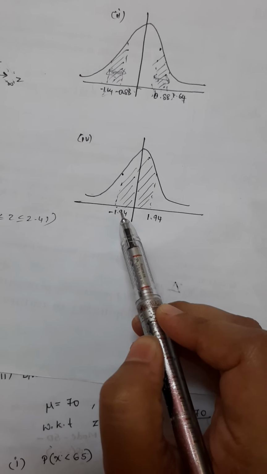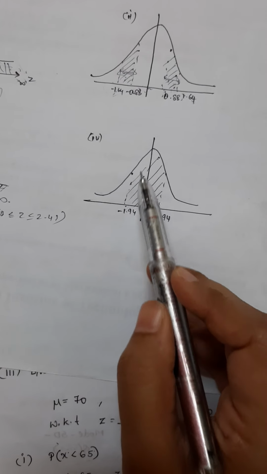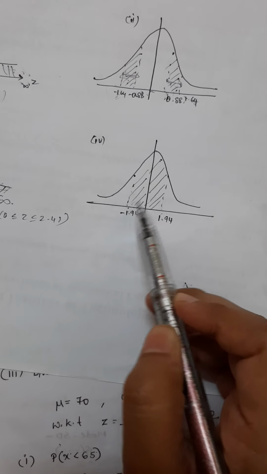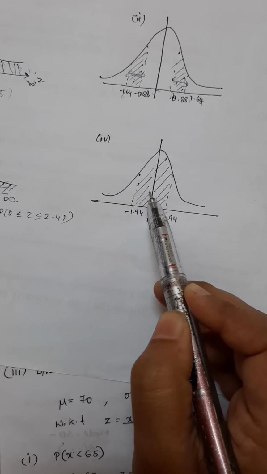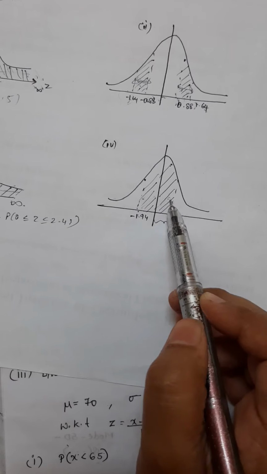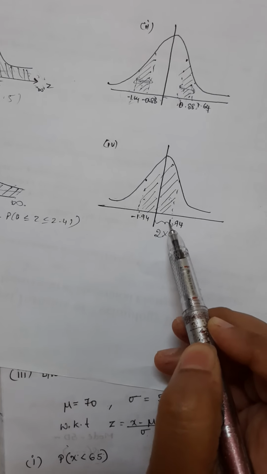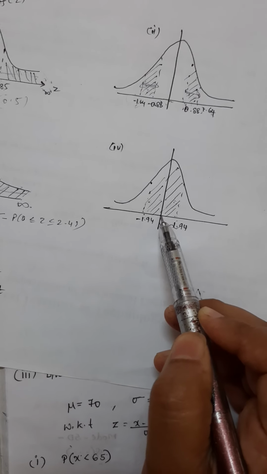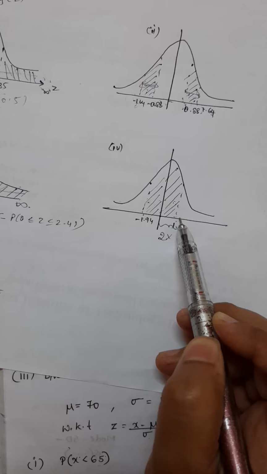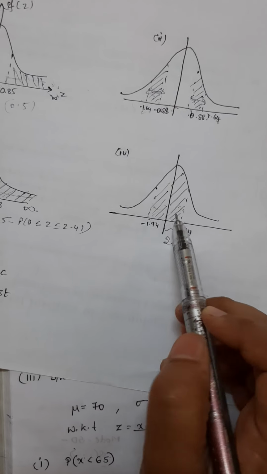Between minus 1.94 to plus 1.94, I should calculate this area. Instead of the negative region, I'll calculate from 0 to 1.94, and since they are symmetrical about the axis, I'll multiply this by 2.